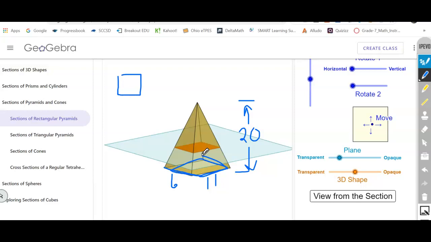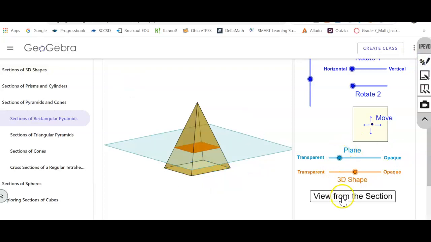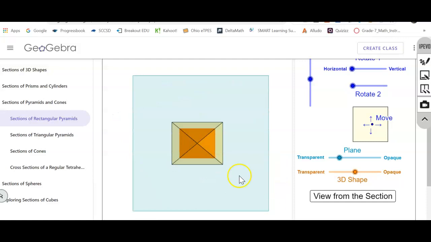So on your assignment, you have 3 options. One is 6 by 11. You know it's not going to be 6 by 11. One's going to be bigger than 6 by 11. Well, it didn't get bigger, did it? It got smaller. So you just pick the one that's smaller than 6 by 11. It's going to be the same shape, just smaller. And we know that because I can click on this view from section. Boom. And it shows me it's the same shape as the bottom, but it's just smaller, right?